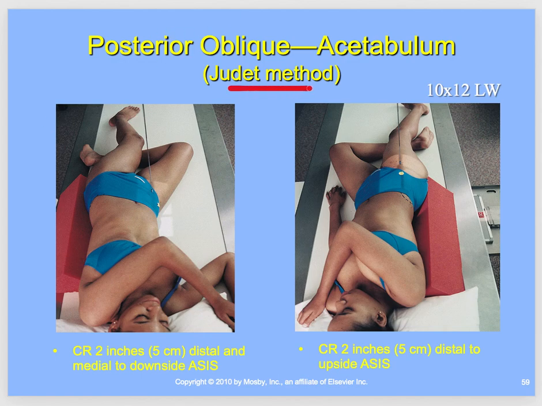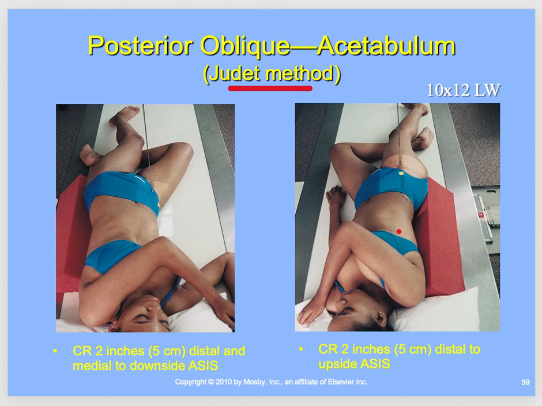So Judet method, Judet, posterior obliques, so of the acetabulum. So central ray is 2 inches distal and medial to downside of ASIS. So find your ASIS and your 2 inches distal and then medial to that downside.